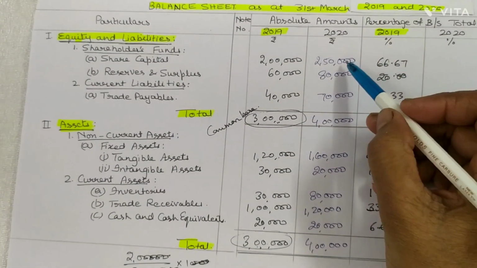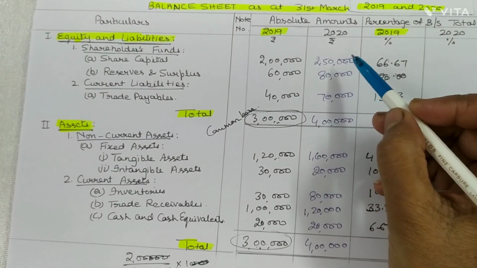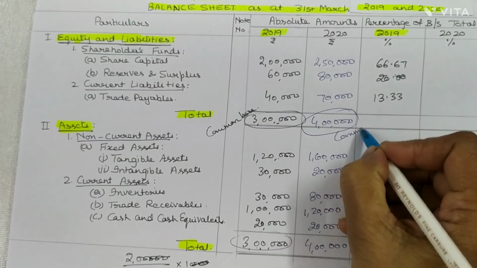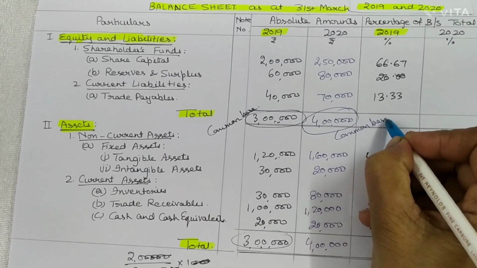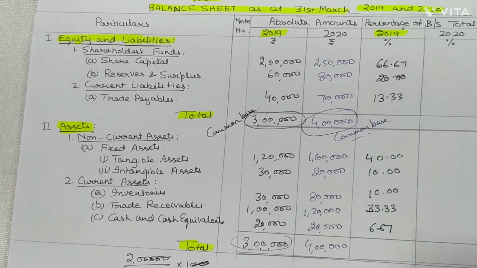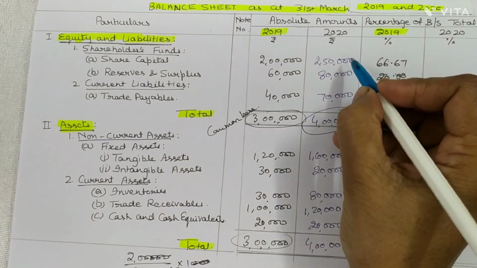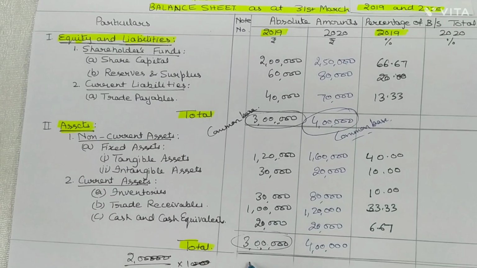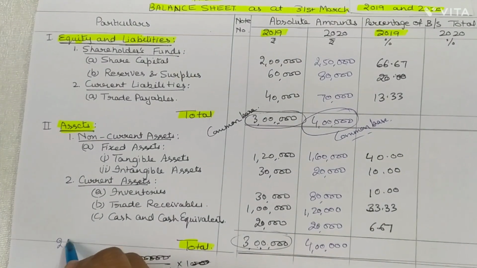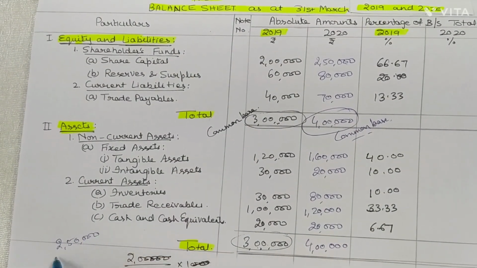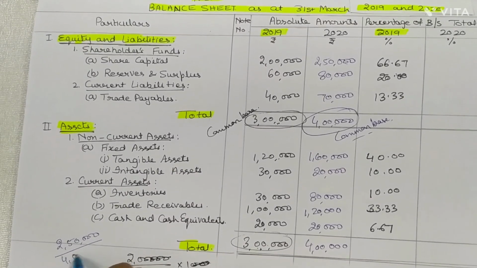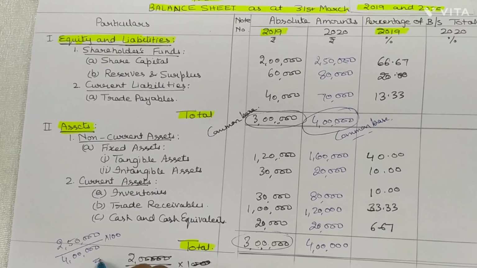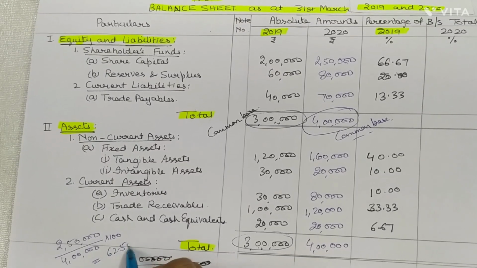Now I am calculating percentage of current year. So like this, in this case, total of balance sheet is common base. Okay. 2,50,000 divided by 4 lakh into 100 is equal to 62.50.